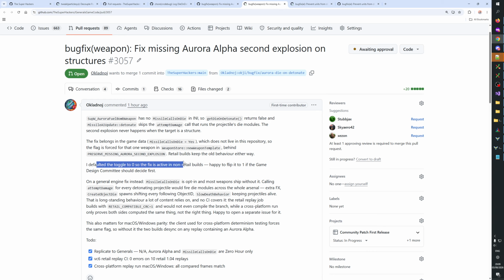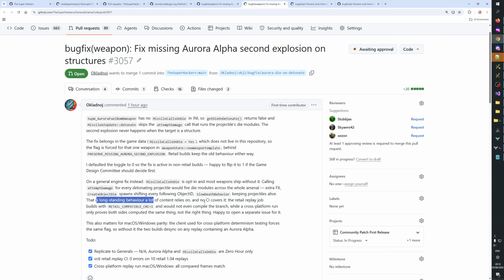Okay. On a general engine fix, instead, missile calls on die is opt-in and most weapons ship without it. Calling attempt damage for every detonating projectile would fire die modules across the whole arsenal. Extra FX spawns shifting every following object ID, keeping projectiles alive.